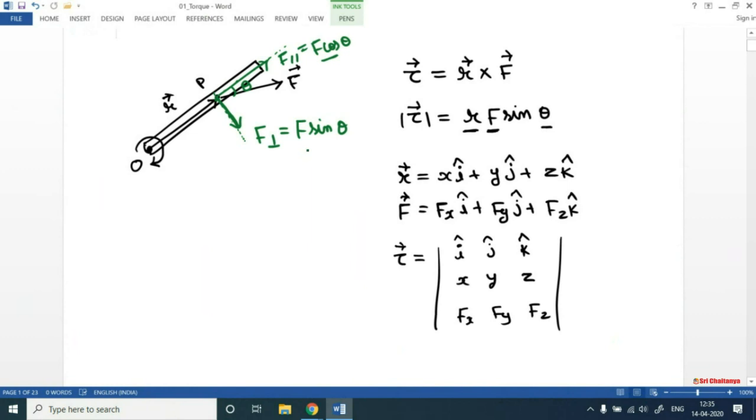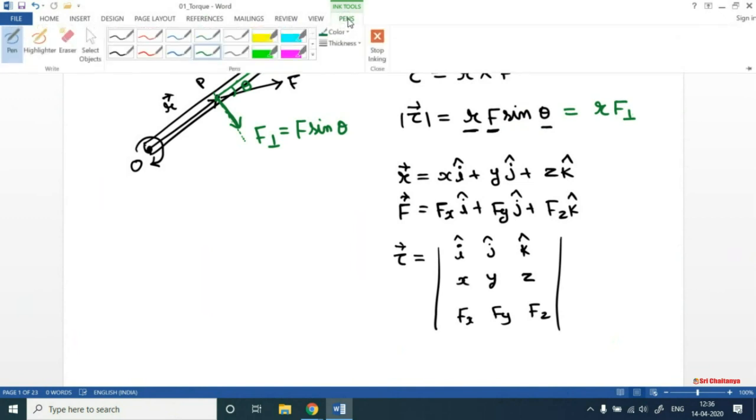That is why in the expression of torque, we have the sine component. So this torque can also be represented as r times F perpendicular. We are not interested in the parallel component of force here. In order to find out the magnitude of torque, we are only interested in the perpendicular component of force. Another way of looking at it is this also.